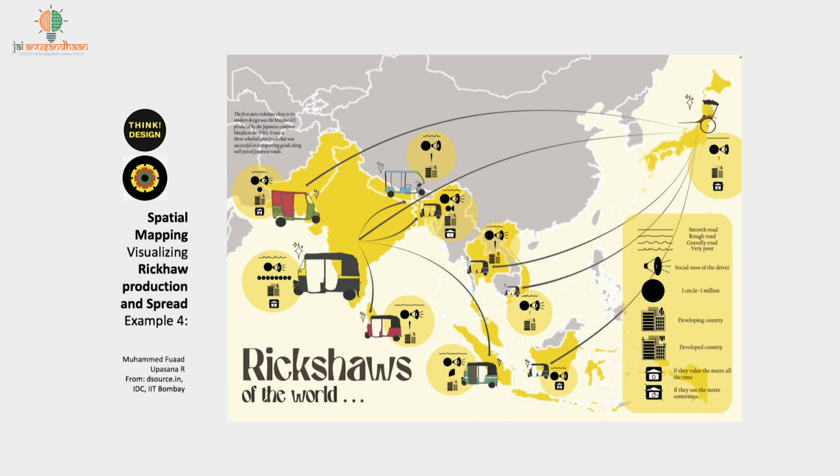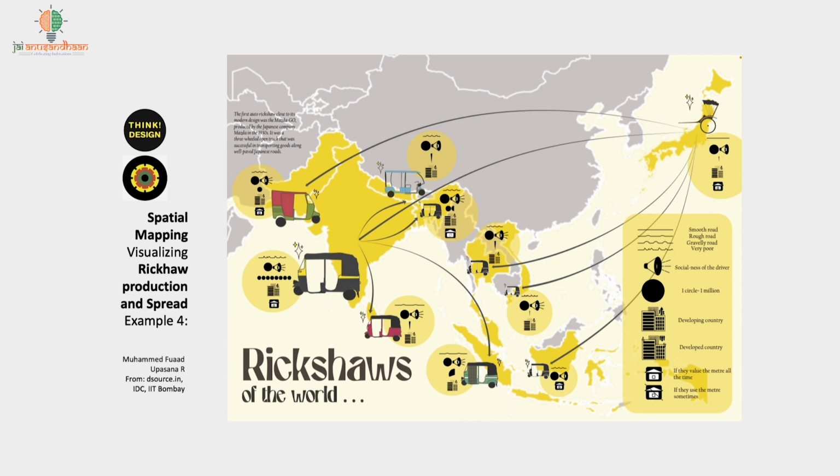This is another very nice example of how auto rickshaws have come from Japan, okay, and are being used in many countries. Okay, so it's a representation map of the rickshaws of the world. And you can see a very interesting thing. Originally it came from Japan, but India became a big hub of manufacturing for auto rickshaws. And you can see that from India it goes to the whole of Indonesia, it goes to the neighboring countries.